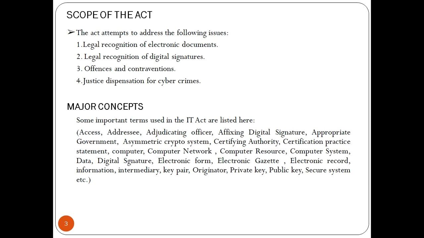Next, any contract for the sale or the conveyance of immovable property or any interest in such property. And next, any such class of documents or transactions as may be notified by the central government in the official gazette as per Section 4. These are some of the exclusions from the scope of this IT Act.